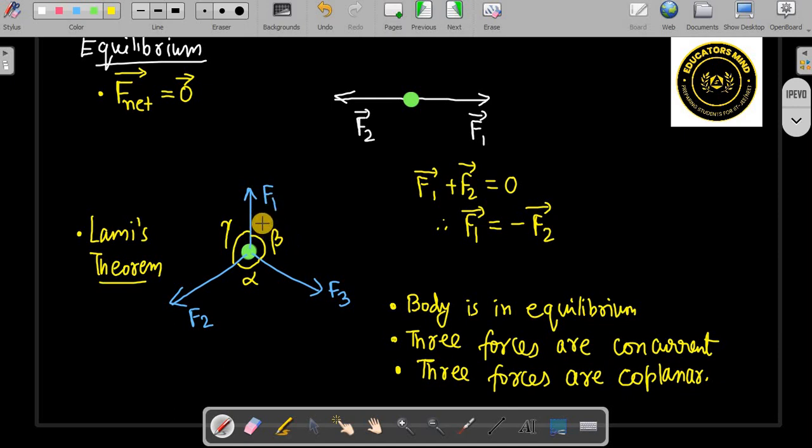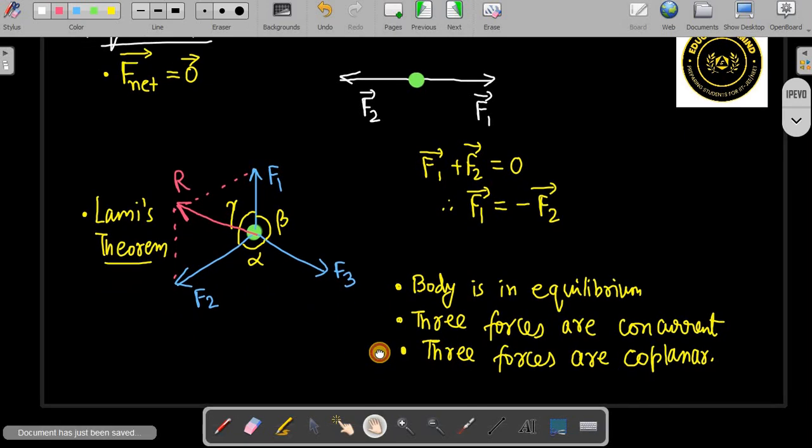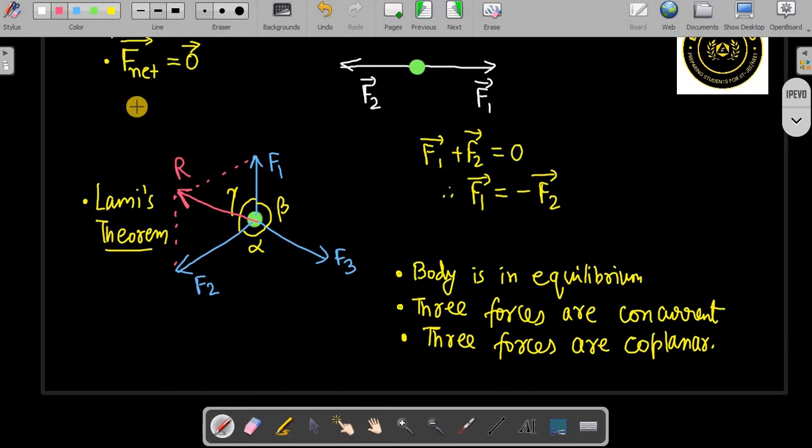Because according to the triangle rule or parallelogram rule, if you want to balance this, the sum of F1 and F2 should act exactly opposite of F3. This is the resultant of 1 and 2, which is produced in the plane of 1 and 2 only. This R has to balance F3, so it should be in the same plane. That's why these three forces are coplanar, and concurrent because they pass through the same point.